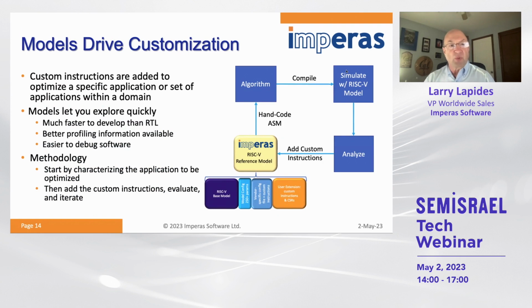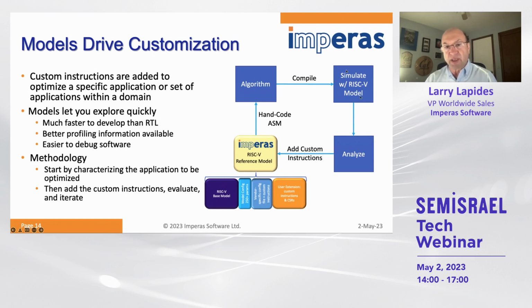The other thing about the models is that they can drive the customization. In the RISC-V world, custom instructions are added to optimize a specific application or set of applications. Models are much faster to develop than the RTL, and there's better profiling information available. And so you can start by characterizing the algorithm or the application.